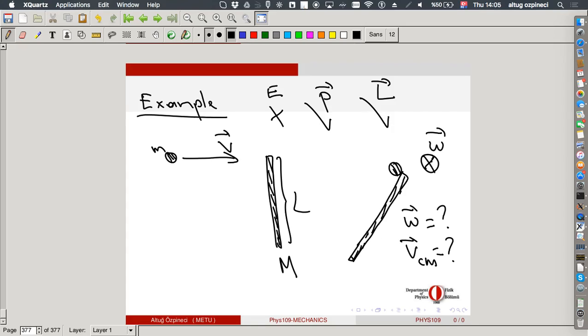Now, as your friend has pointed out, it could have been that we just fix this point by a nail, and let it rotate freely, but it cannot move. That's also a valid question. Well, in that case, the linear momentum wouldn't be conserved, because here we have an external force acting on the system. If we had attached this by a nail, then that would exert a force to keep this point fixed, and hence linear momentum wouldn't have been conserved.